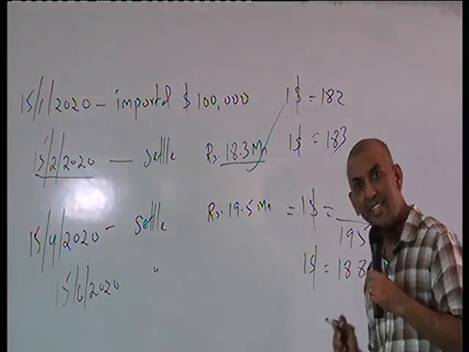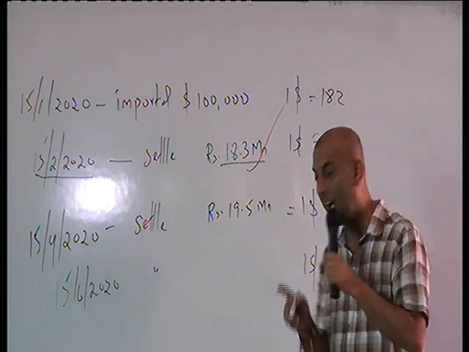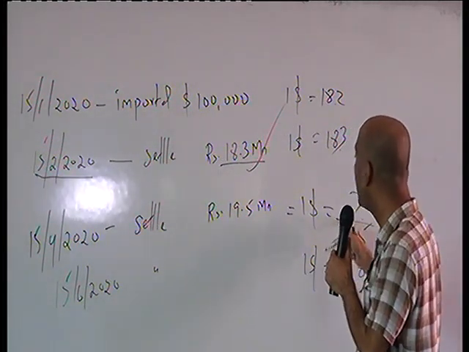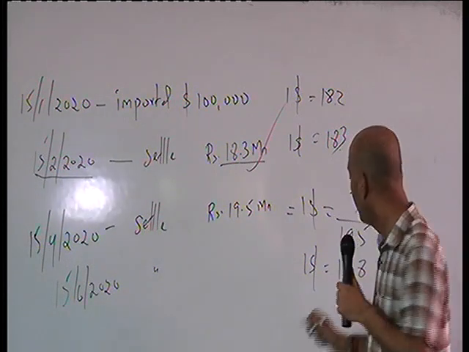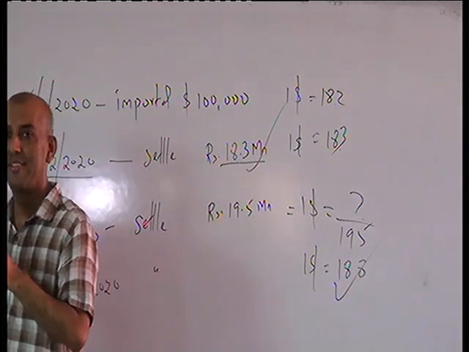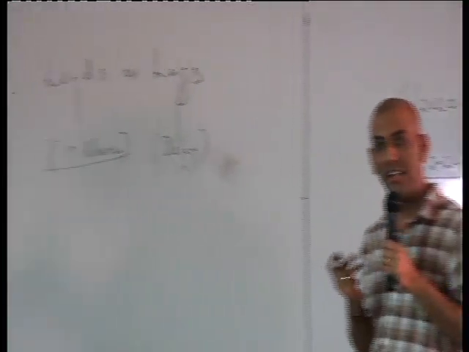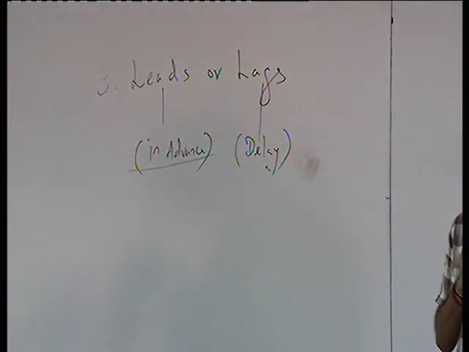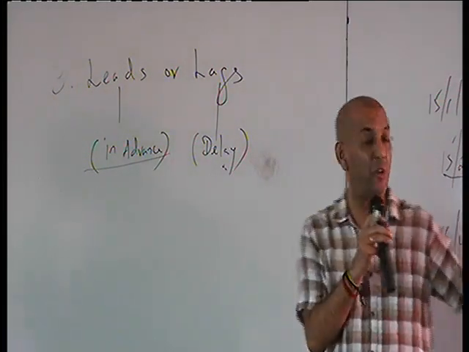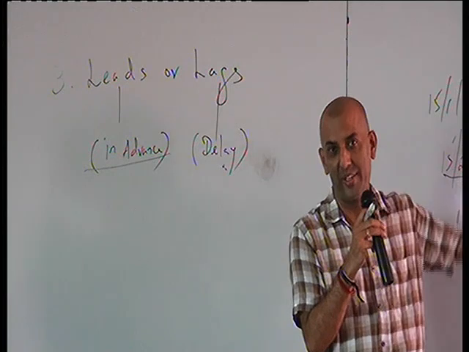So if I pay in June, I pay at 188, but in April if I pay, it is 195. What is better? 188 is better. So I delay the payment. So I have two choices: either lead in advance or delay the payment according to the exchange rate situation.